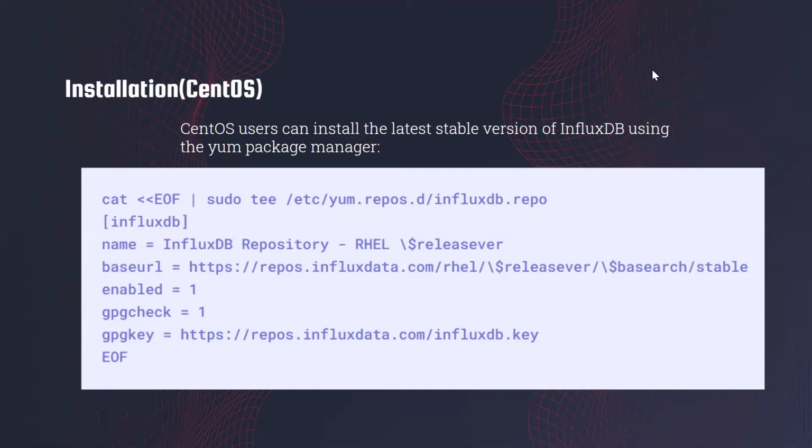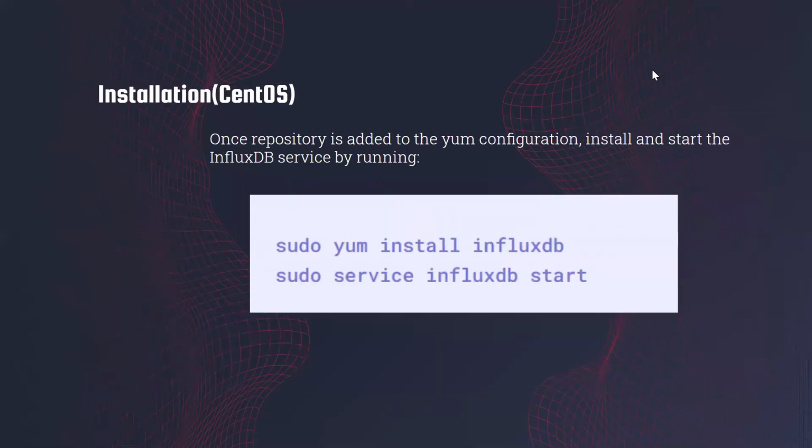And once we do this, we can use the yum command to install and start InfluxDB. We can basically type sudo yum install influxdb and sudo service influxdb start to install and start the InfluxDB service.